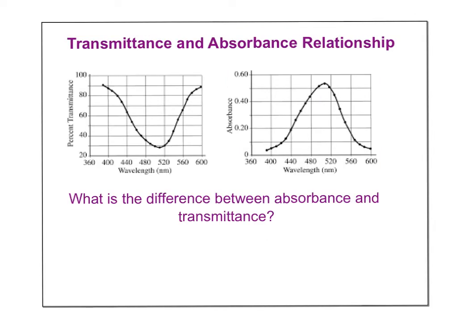So let's look at these 2 graphs. We have transmittance and absorbance. So what's the difference? Well, we already talked about the fact that absorbance is the amount of light absorbed by the sample.